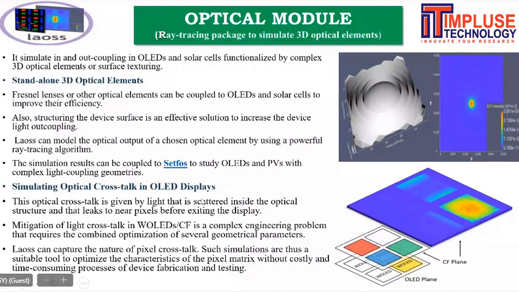WOLED or AMOLED active matrix or different RGB pixel crosstalk, or all the complex geometry can be simulated. You can see the LAOSS can capture the nature of pixel crosstalk, and that simulation is a suitable tool to optimize the characteristics of the pixel matrix without costly or time consuming fabrication or testing process.